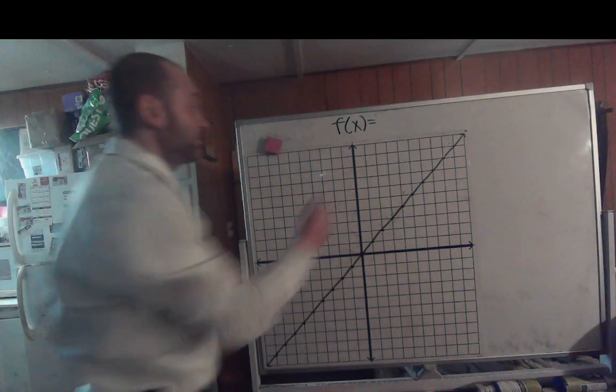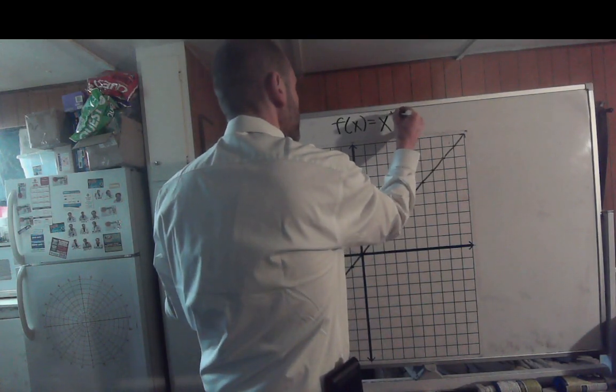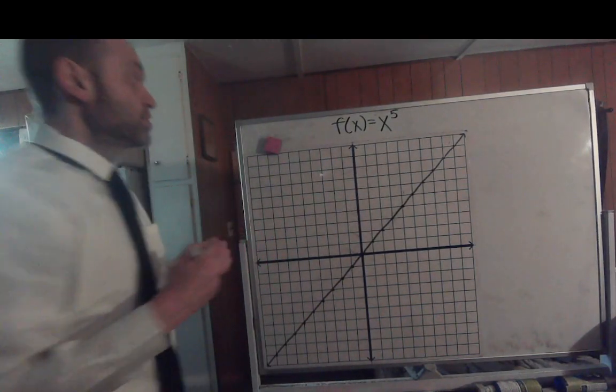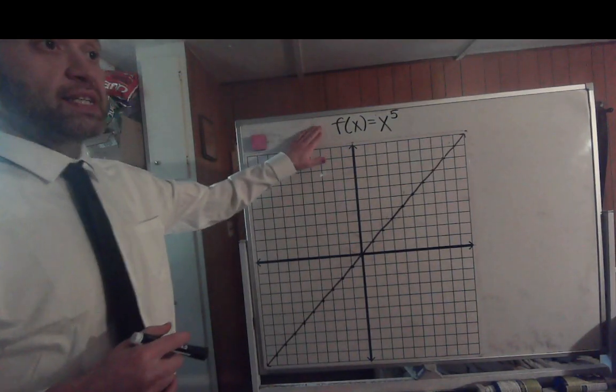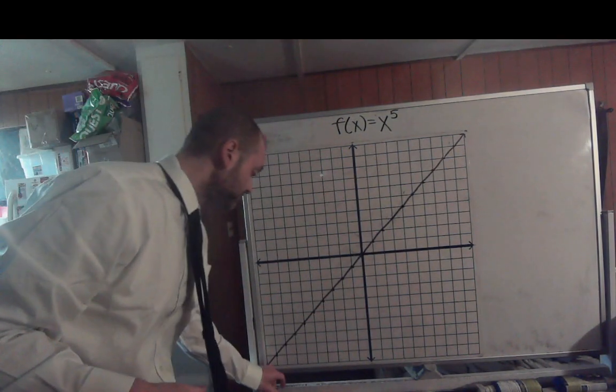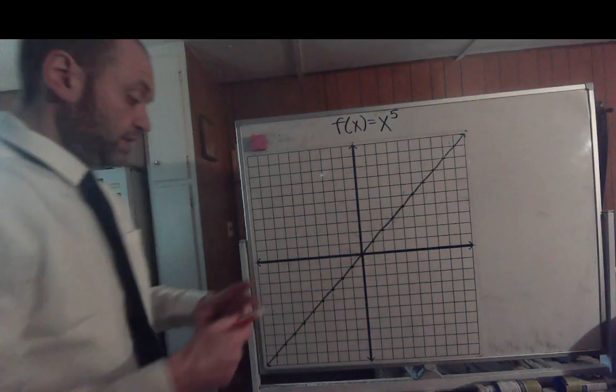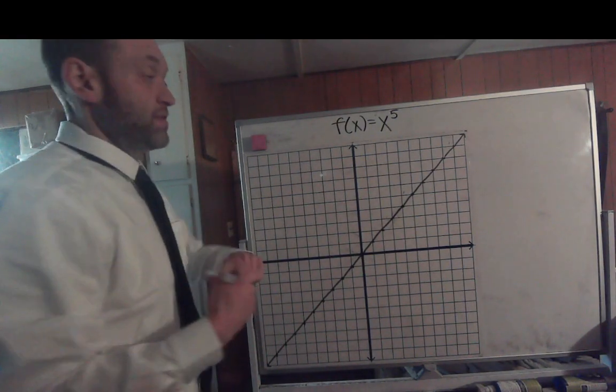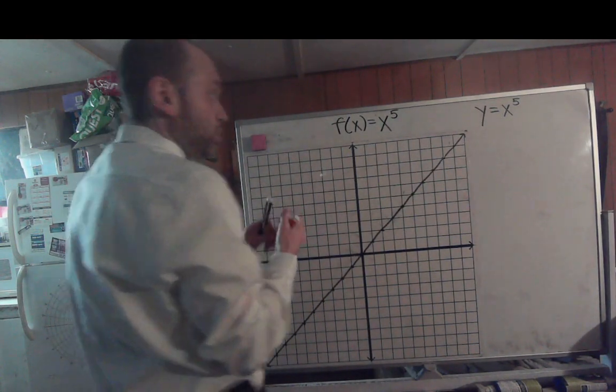Good one. F of x equals x to the 5th. Let's find the inverse of this. So you're going to make y equal to x to the 5th. Now you just switch places with x and y.